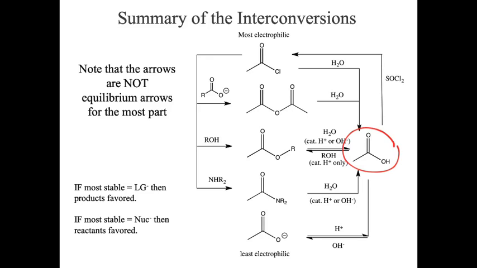Going from the acid to our acyl chloride, how do we do it? Add SOCl2. You should be able to do better than that. We barely talked about this in Unit 1. You should know that reagent.